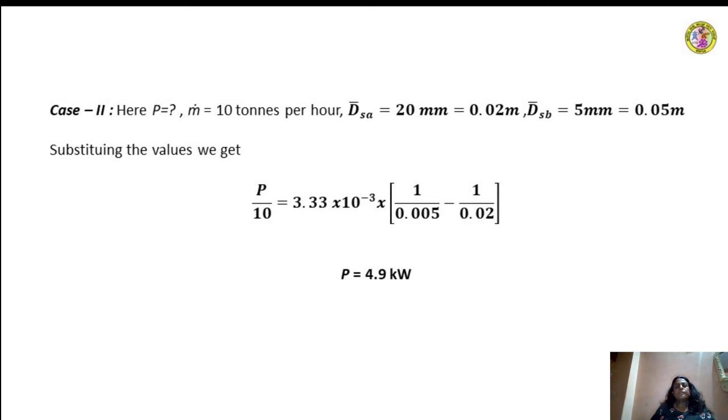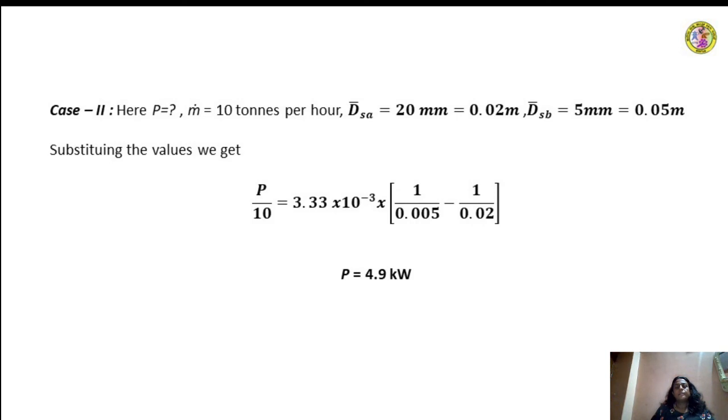Write down the statement once again. P by m dot equals Kr into 1 by dsp bar minus 1 by dsa bar. Now in this equation you are supposed to calculate P by substituting all other values. For this case the m dot is 10 tons per hour.